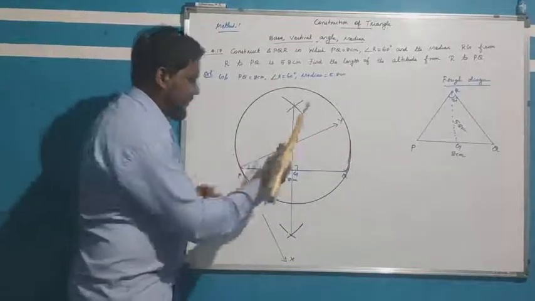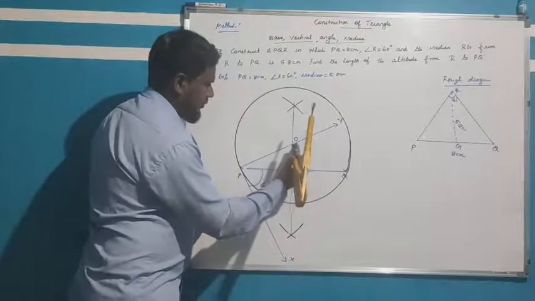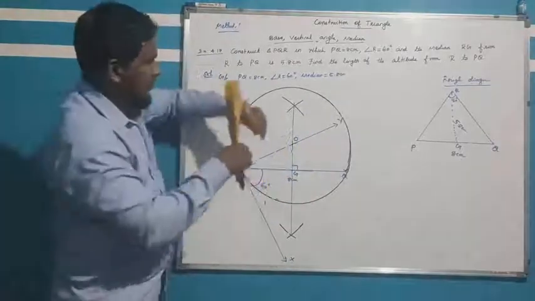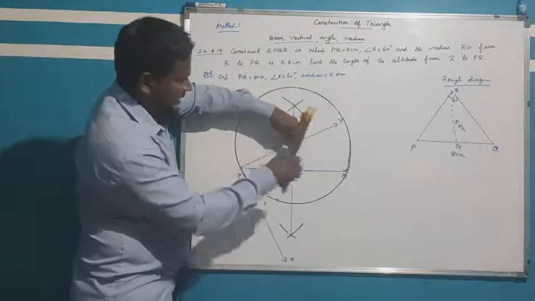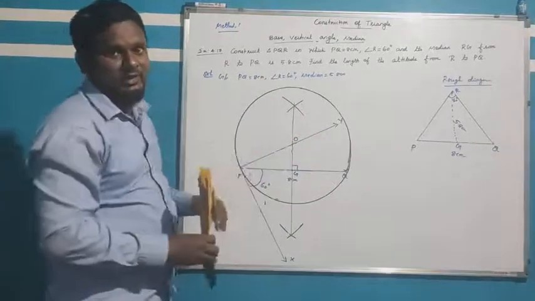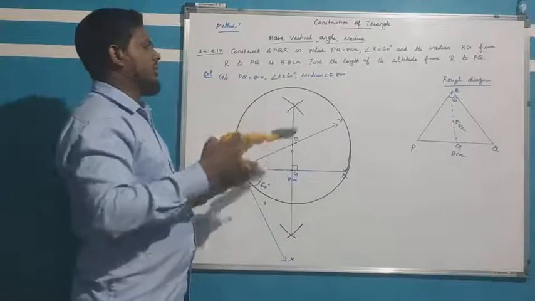So from this point you have to touch, and here also touch, and see, it will correctly touch. Then only it is correct. Then after that you can draw the circle.